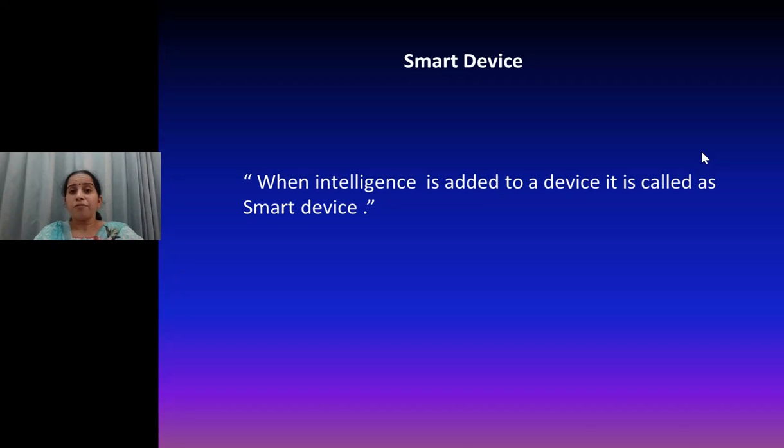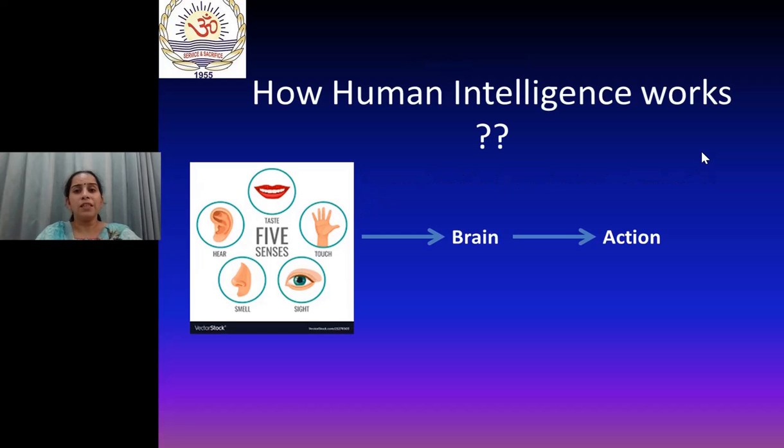So if we just think of how human intelligence works, every human has 5 senses, and these 5 senses give us information about the environment. That information is read by the brain, and the brain processes that information, and accordingly instructs other parts of the body to take subsequent actions.